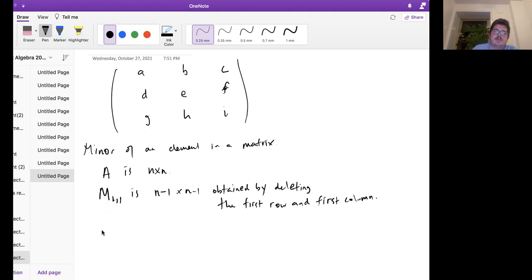So, for example, if I want to think about M11 in this matrix, here's 1, 1, and I'm going to delete entries in that row and in that column. So what's left is E, F, H, I.